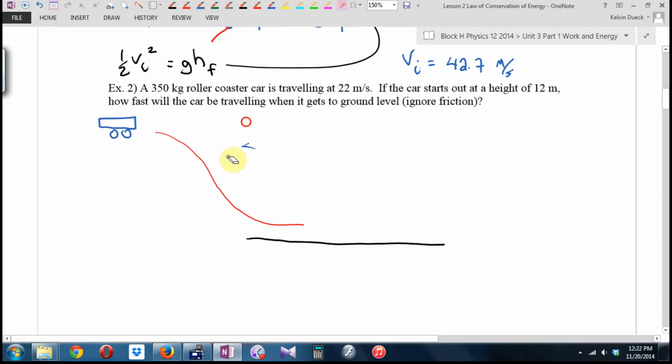I'll draw a fairly simple one. So let's go with that. What else do I know? I'd be fussy: initial speed probably, because it's a scalar, but that's okay. What else?